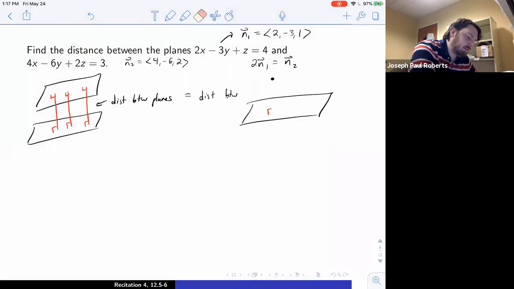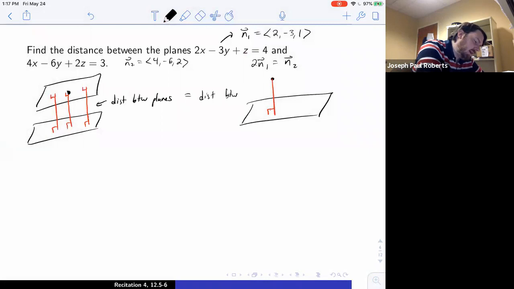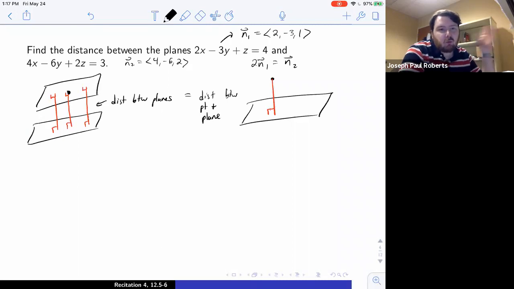At that stage, it doesn't make sense to put a perpendicular symbol with the point, and you don't really need that entire upper plane there. So the idea is that you pick any old point on one of the planes and find the distance to the other plane. So let's call this plane 1, plane 2.